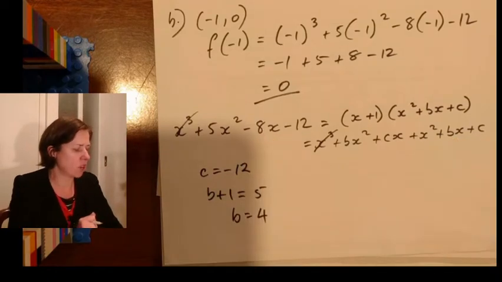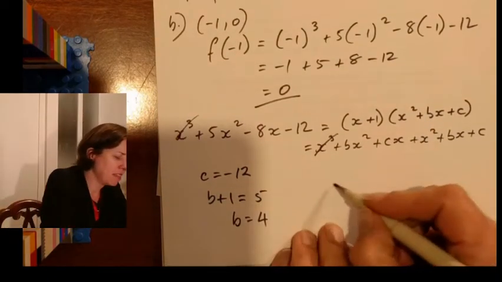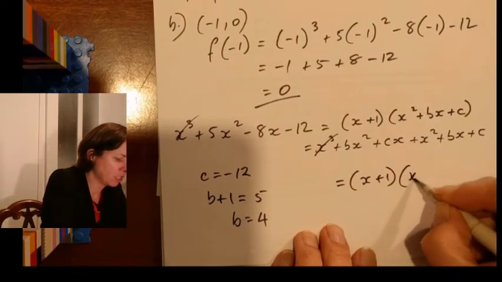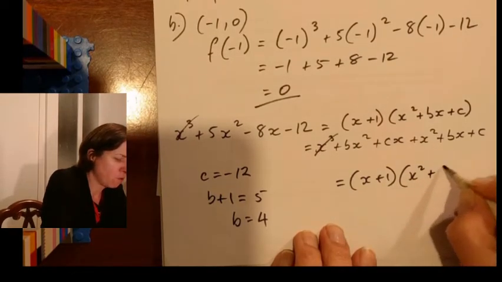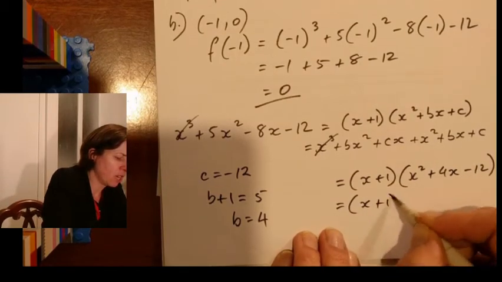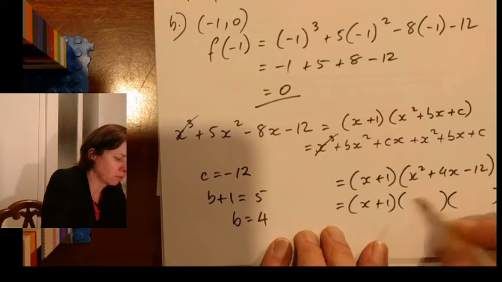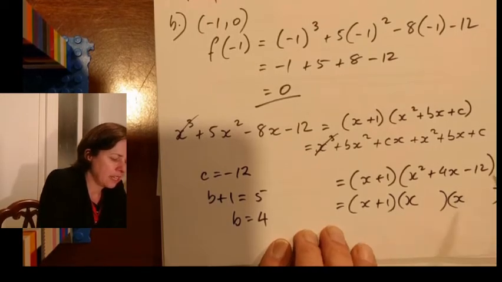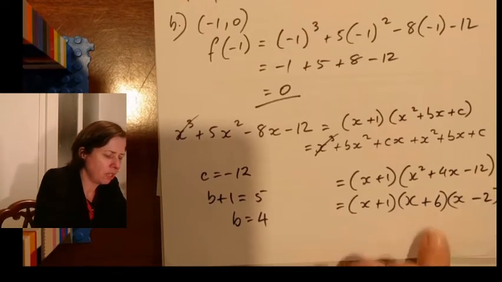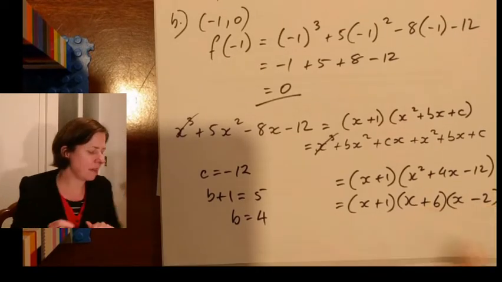So I'm good. All right, so now I know that this whole thing equals x plus 1 times x squared plus 4x minus 12, which is a quadratic which I can factorize. So I need -12, it's going to be plus 6 and minus 2. That multiplies and adds. Yep, okay.